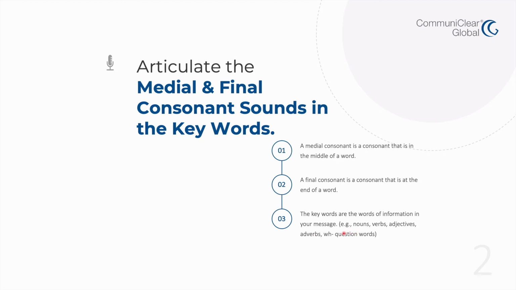So, for example, when it comes to English grammar, you've got the nouns, verbs, adjectives, adverbs, WH question words. There are many, many more, but these are pretty much the common ones used in a sentence at any given moment. And these are words of information. For your audience to hear and understand the message, you want to make sure they can hear these words. Therefore, you want to make sure to articulate the medial and final consonant sounds.